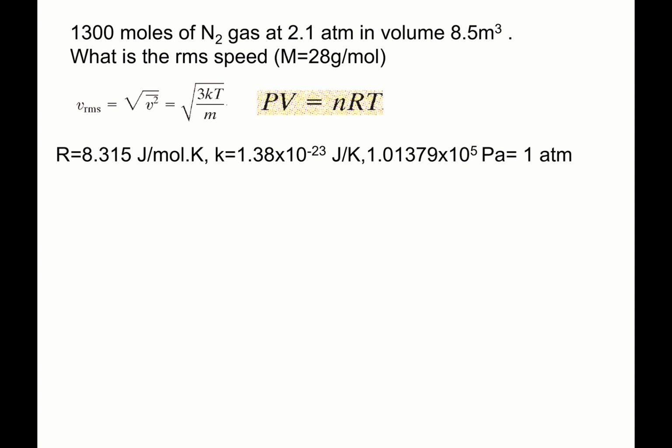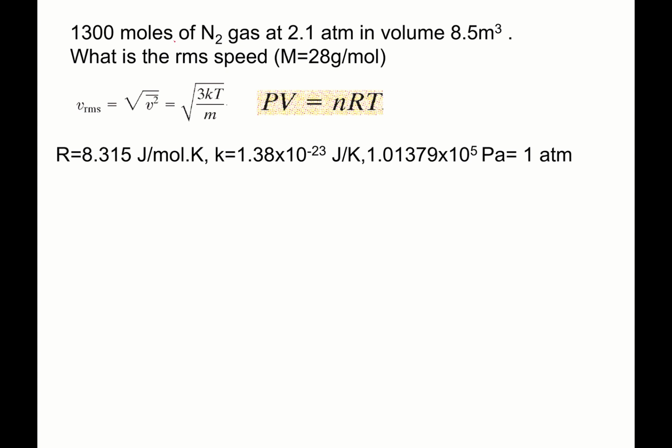So let's just do a quick calculation. If I've got 1300 moles of nitrogen N2 gas at 2.1 atmospheres in a volume of 8.5 cubic meters, what's the RMS speed? They give us that the molar mass of N2 is 28 grams per mole. All right, so what do we know?